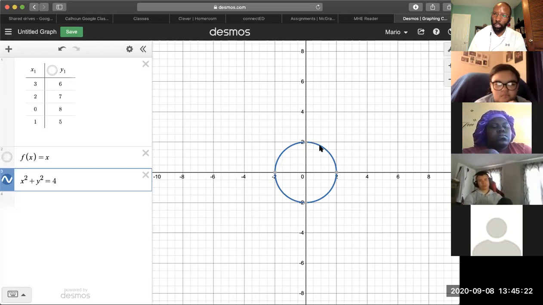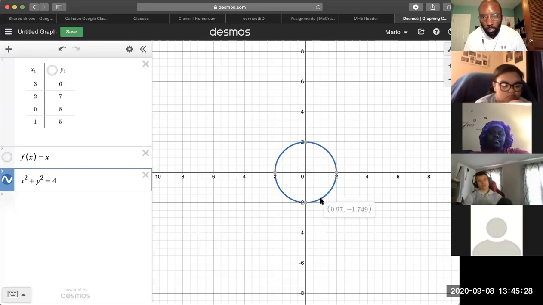Remember, for a function, every input should have exactly one output, right? So if I take right here positive 1, I get a y value of negative 1.73.